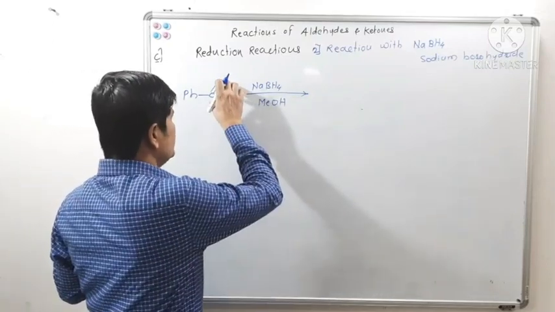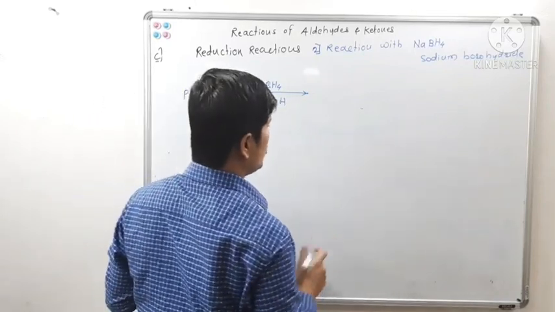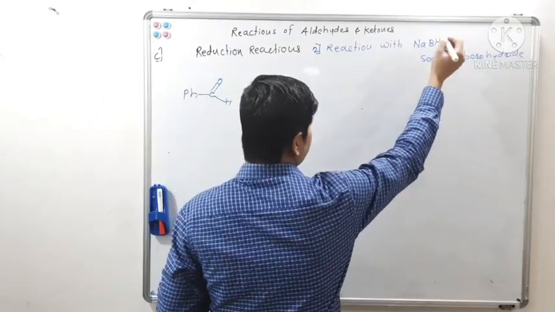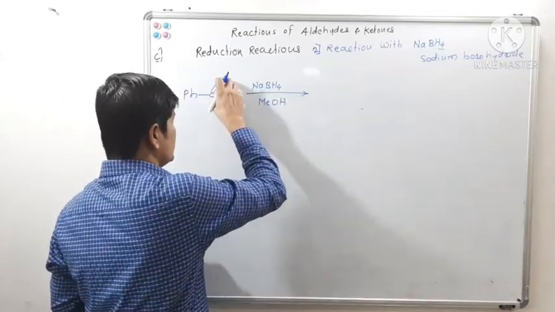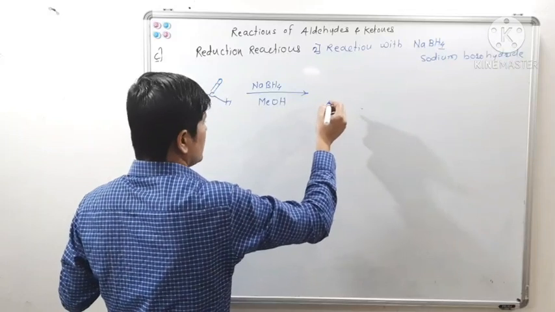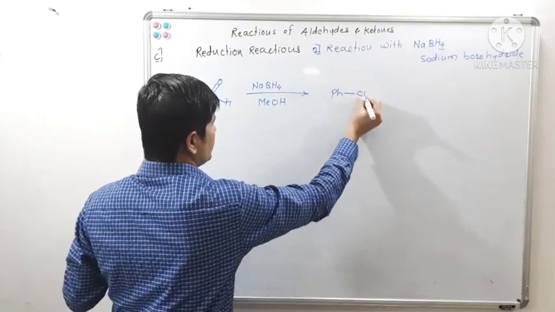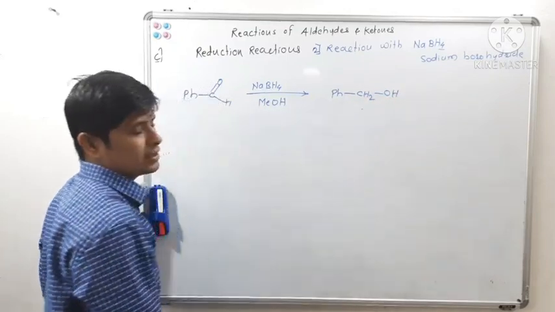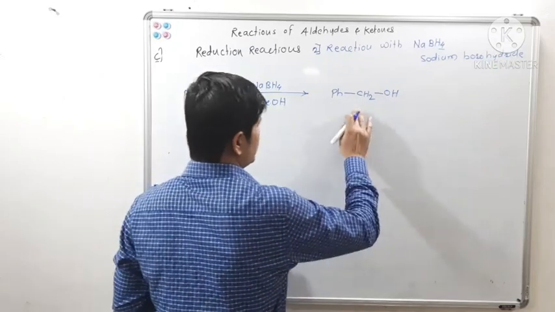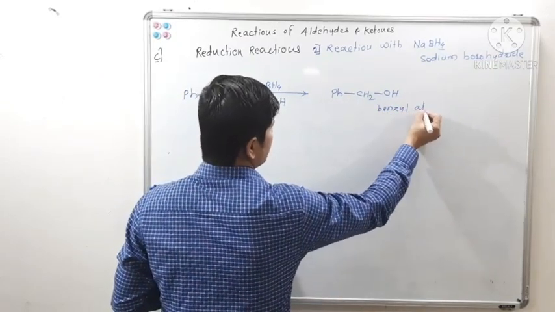There will be an addition of sodium borohydride. Sodium borohydride has hydride, H minus, isn't it? That H minus will get added over this carbonyl group. So there will be formation of PhCH2OH, and this is benzyl alcohol.